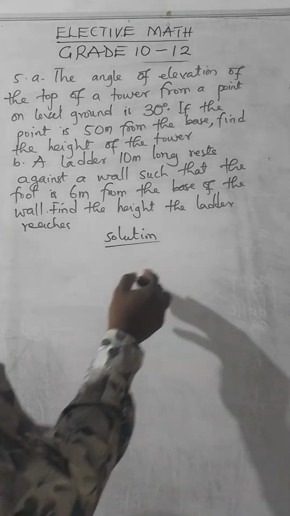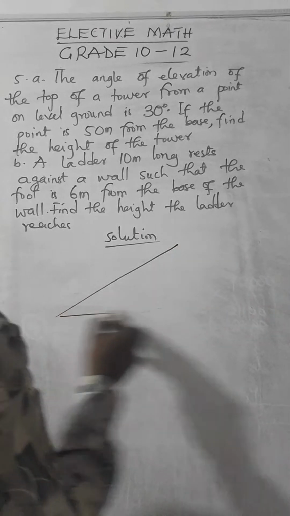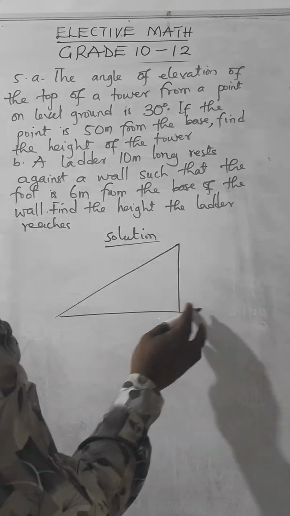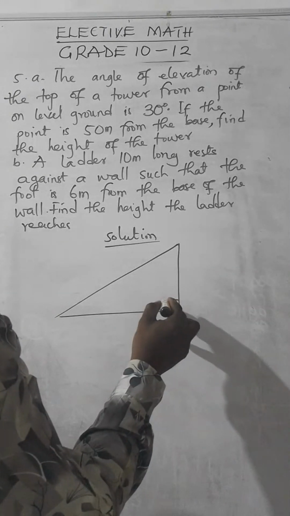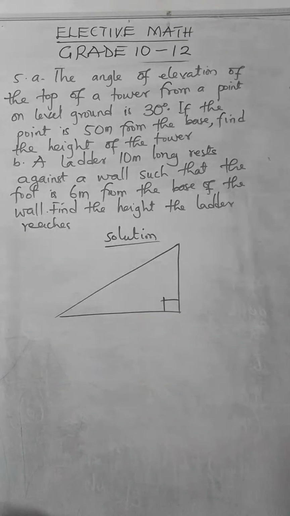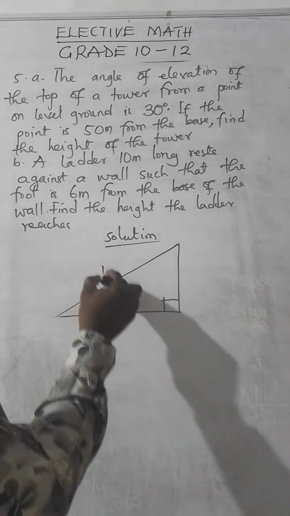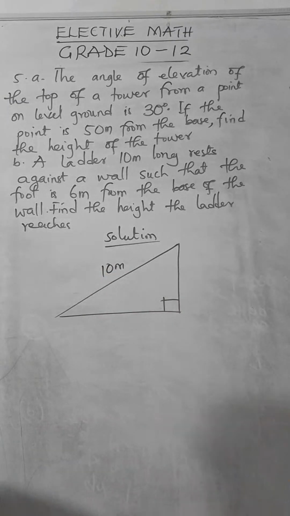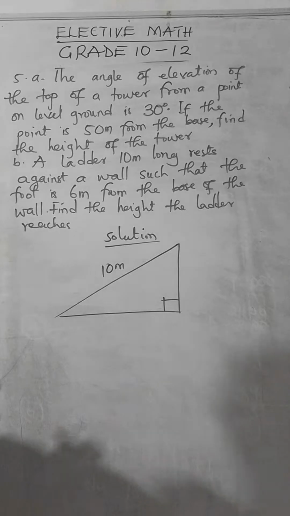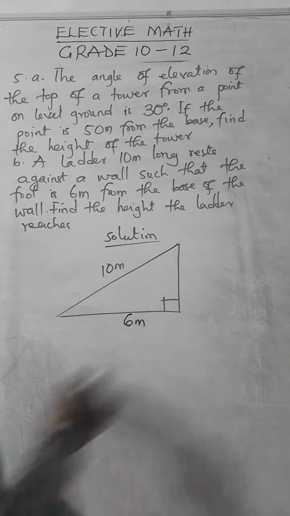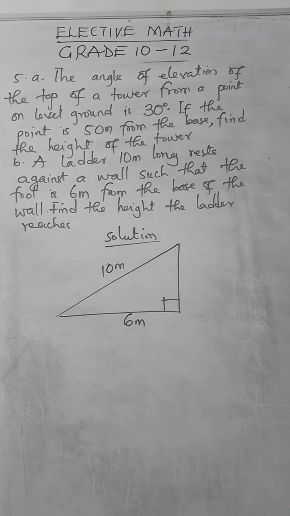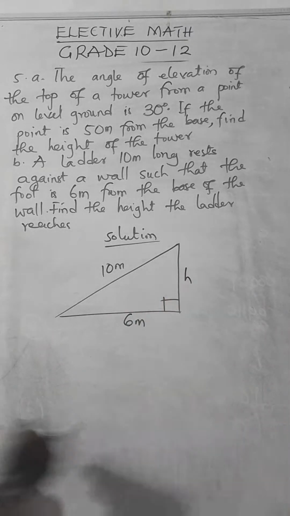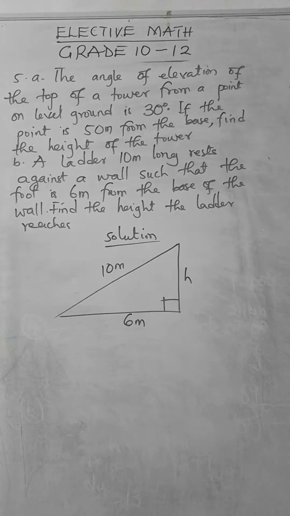We have the ladder, which is 10 meters here. Then it rests against a wall such that the foot is 6 meters. Find the height. So this is how the diagram will be.